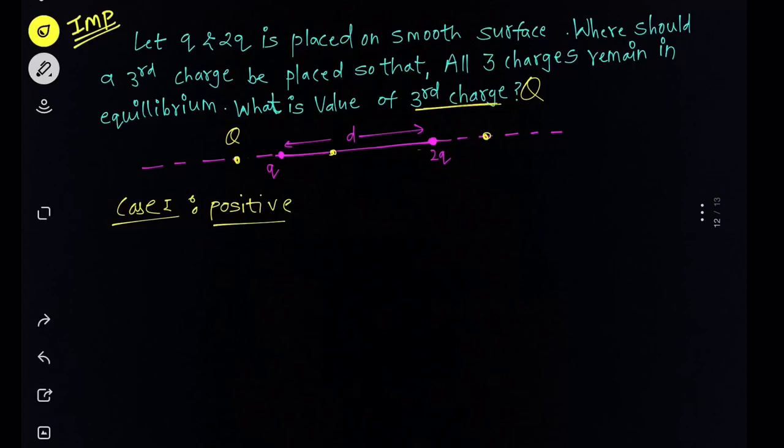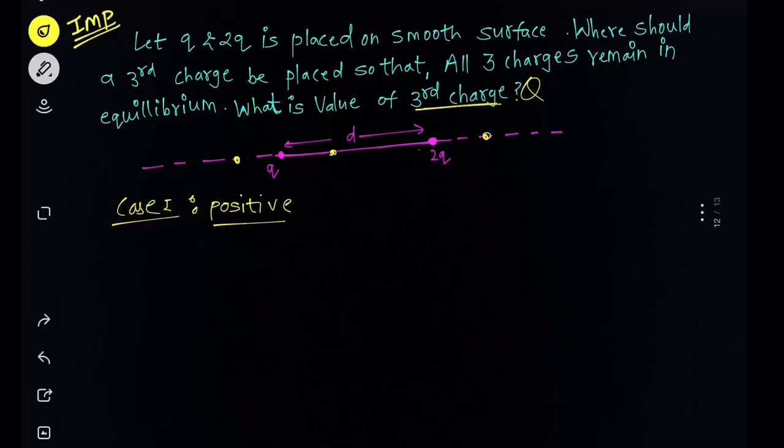Let's consider the middle one. If the charge is put in the center of these two charges, again let's proceed with the same steps. Consider small q. From capital Q it will experience repulsion towards left, and from 2q it will experience repulsion towards left. So there is no chance to get a stable equilibrium while putting capital Q in the middle.